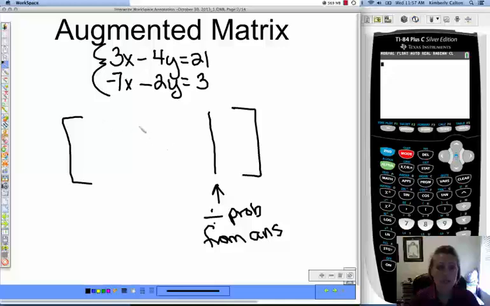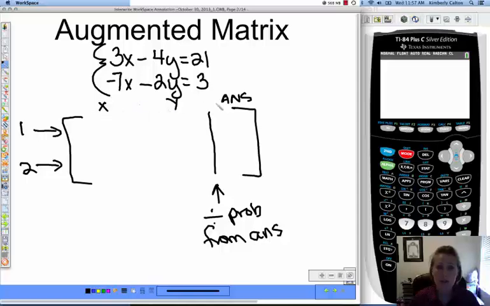So everything on the left side will be the equation and everything on the right side will be the answer. We're going to put the first equation on the first line and the second equation on the second line. When we start putting equations into matrix form, we have to line up all the x's and the y's, and if there are other variables as well, we're going to put them in order.